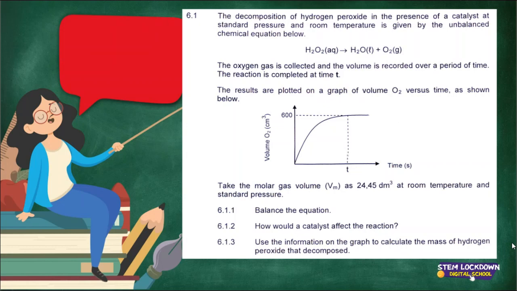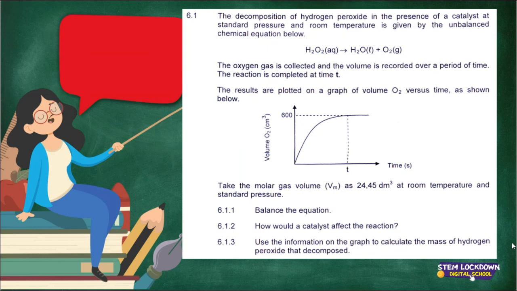Oxygen is collected and the volume is recorded over a period of time. The reaction is complete at time t. The results are plotted on a graph of volume of oxygen versus time as shown in the diagram below.